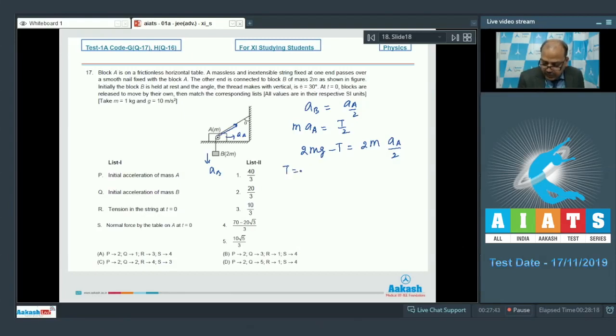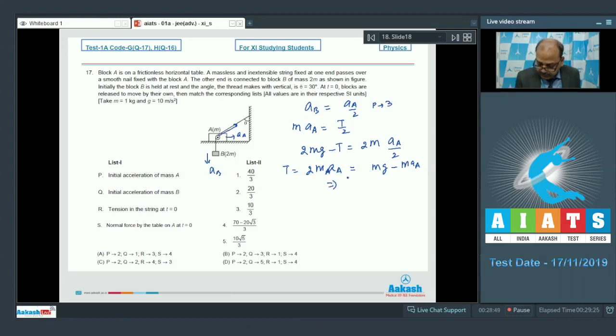We get T is equal to 2m aA, and it's also equal to 2mg minus m aA.